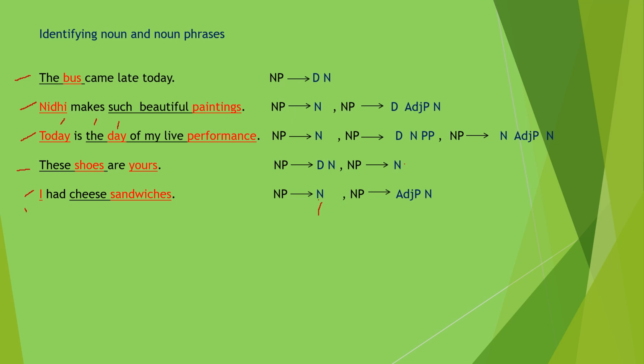And then cheese sandwiches, so cheese is an adjective, so adjective phrase, and then a noun, sandwiches. So this is how you identify nouns and noun phrases in a sentence. Now let's move ahead.